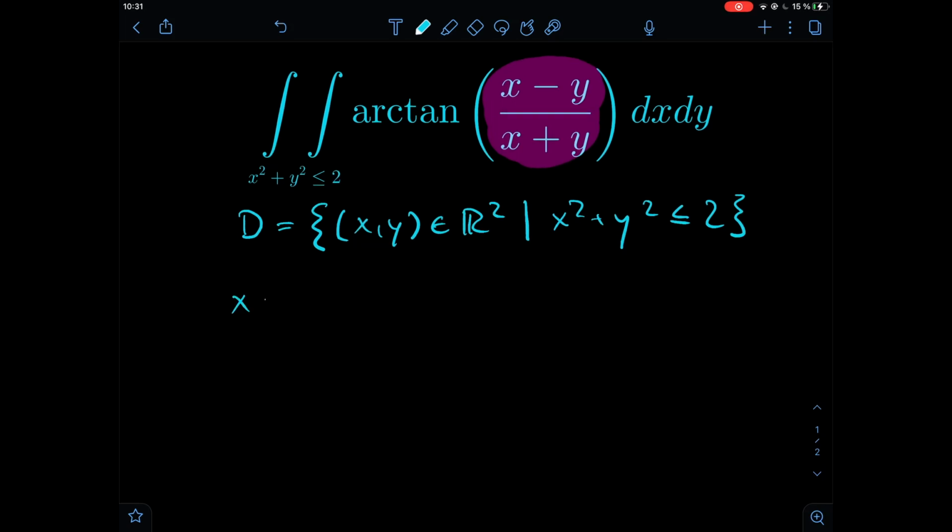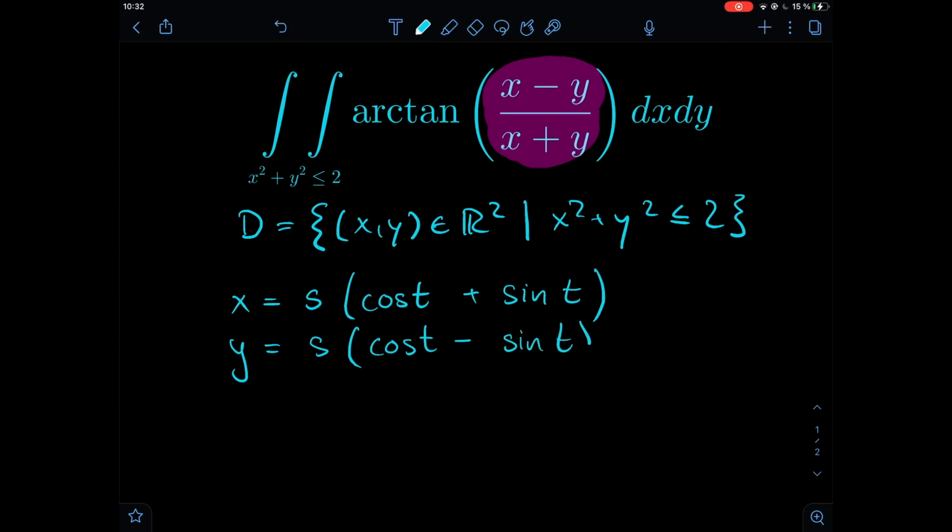look like this. Our x coordinate will be s times (cosine of t plus sine of t), and our y coordinate will be s times (cosine of t minus sine of t).